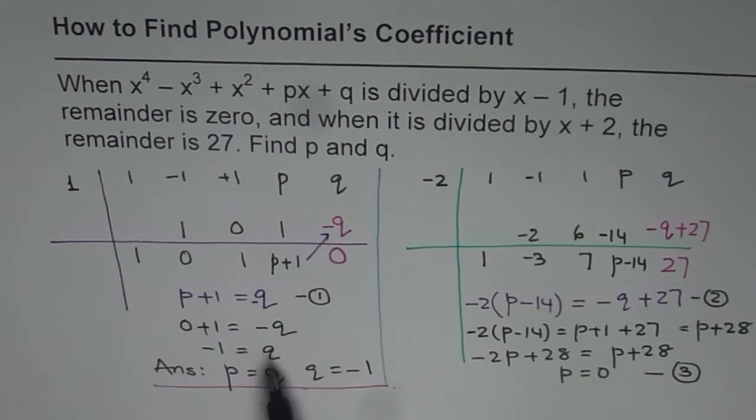Get two equations from these two, solve for p and q, and write down your answer, right? Of course, you can use the factor theorem and solve this question also. It's all up to you. At times in the test, it may be mentioned that you cannot use the factor theorem to solve. In that case, we are left with only one option, and therefore it is important to know a couple of methods when you go for the test.